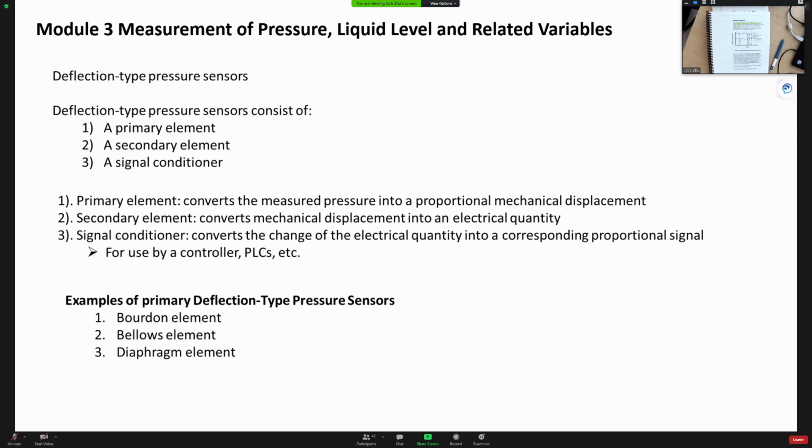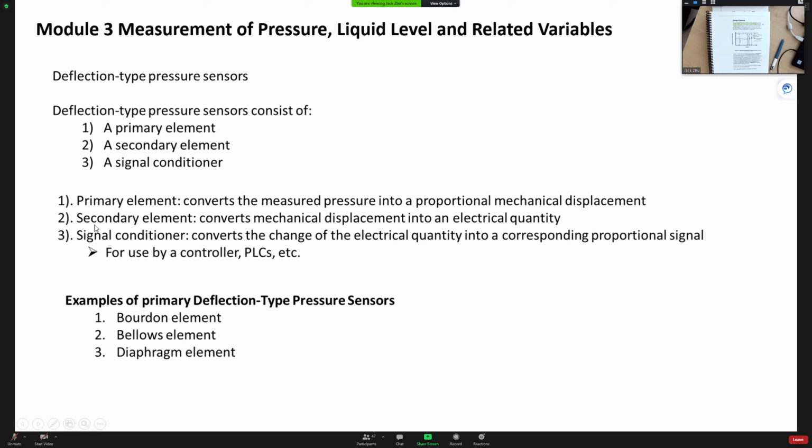Also, if we have a coil and a core, we can change the movement into movement of the core, just like yesterday we talked about the linear variable differential transformer. If we move the core in there, we can change the inductance of those coils.